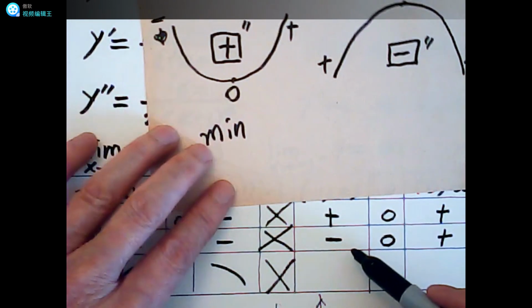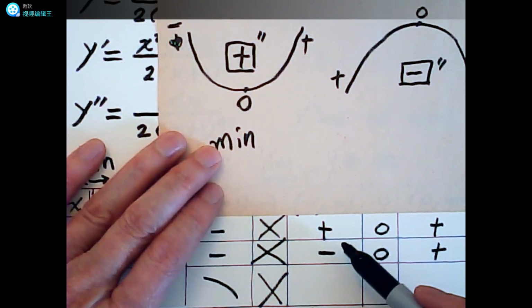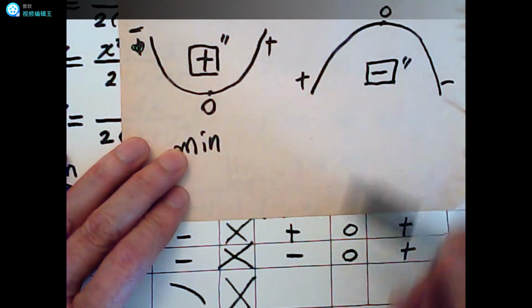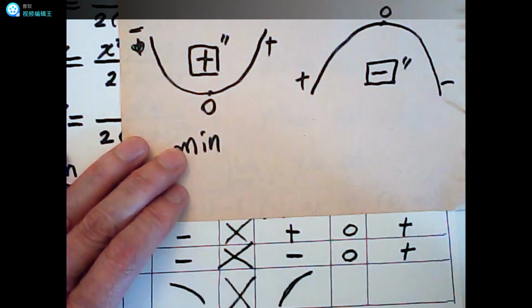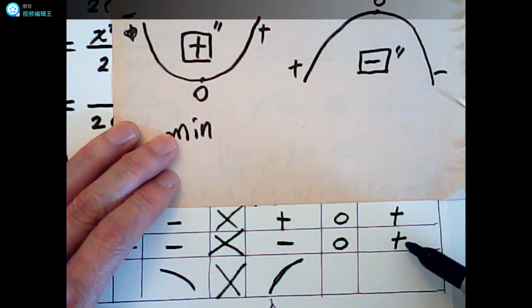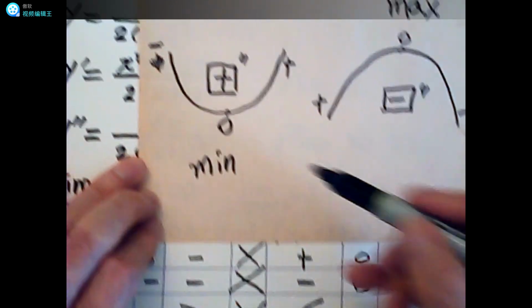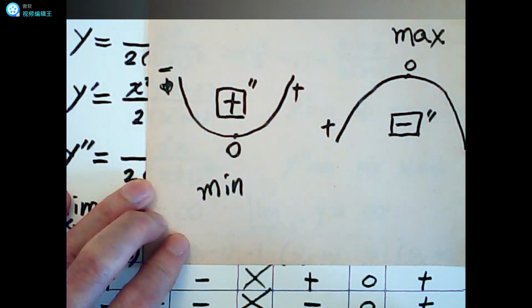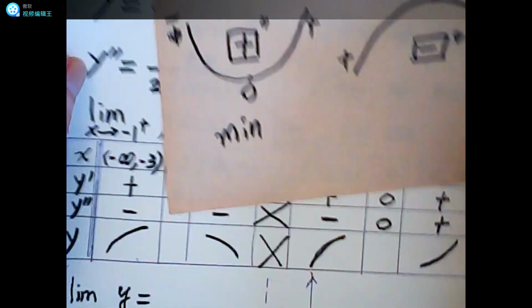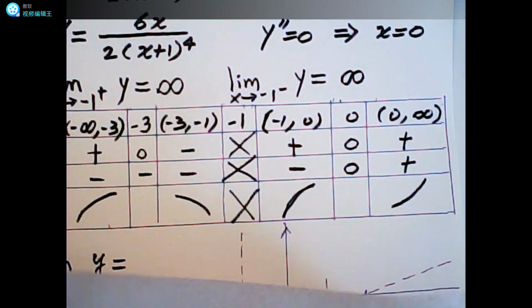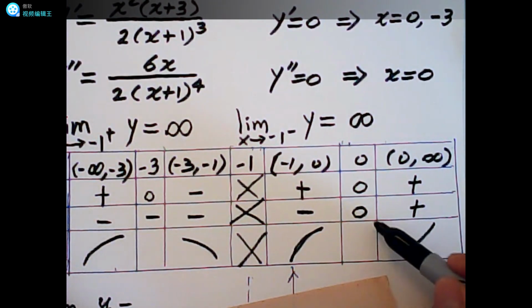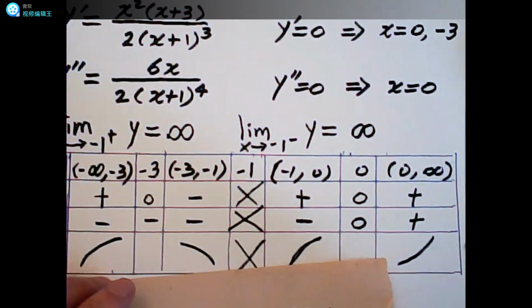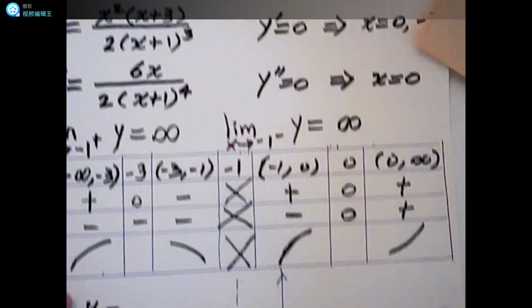Here, negative, positive. Negative, positive, that's the shape. And positive, positive, that's the shape.